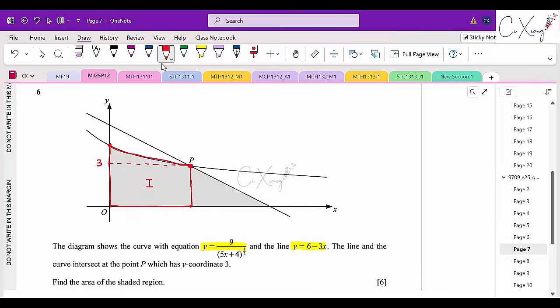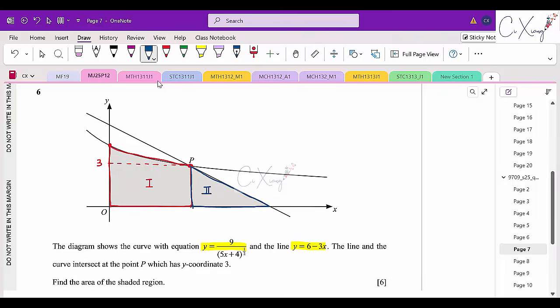Then after the intersection point, the area is under the line equation. Can you see this is a line, right? This is a line equation. And if you observe it, this is a right angle triangle. So for this second part of the area, you can use the area of the triangle formula to calculate the area.